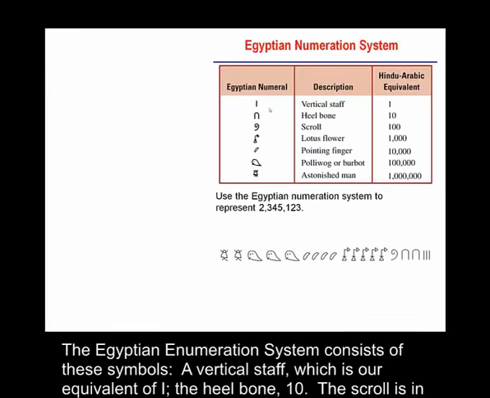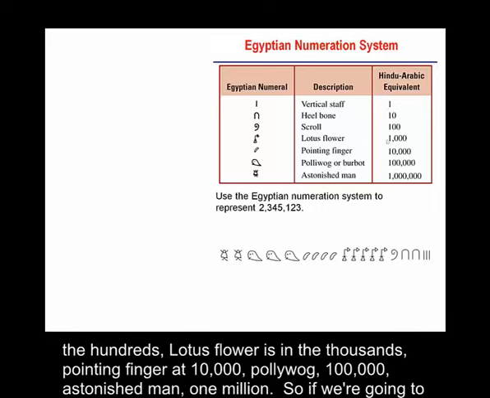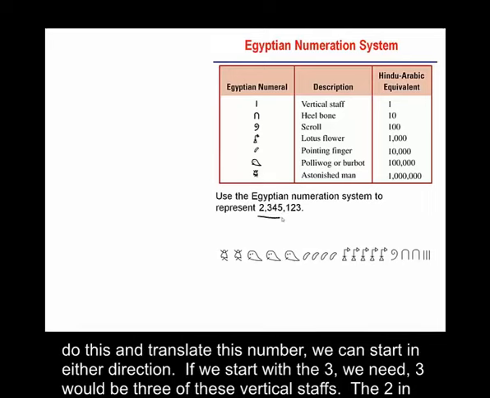The Egyptian numeration system consists of these symbols: a vertical staff, which is our equivalent of 1, the heel bone 10, the scroll in the hundreds, the lotus flower in the thousands, the pointing finger 10,000, the pollywog 100,000, and the astonished man 1,000,000. So if we're going to translate this number, we can start in either direction.